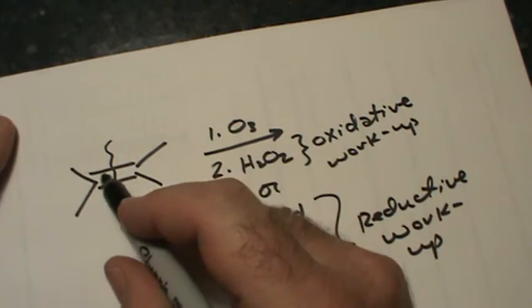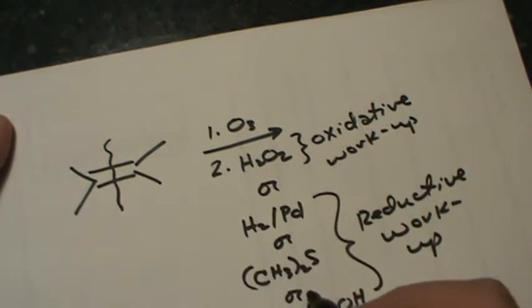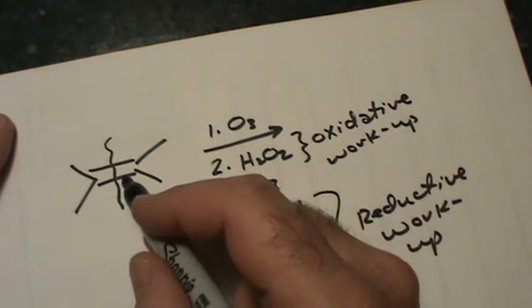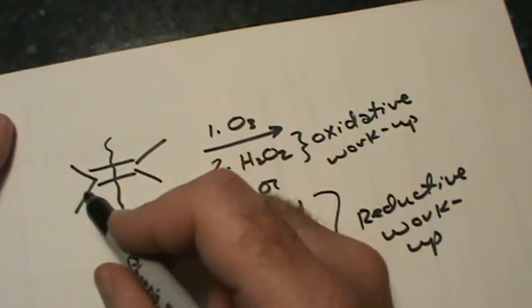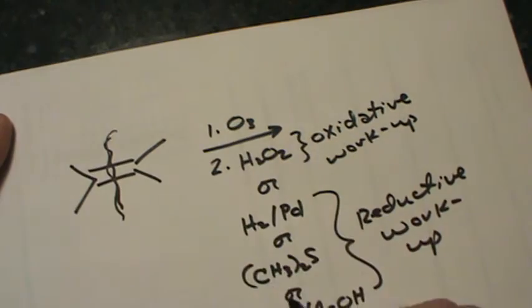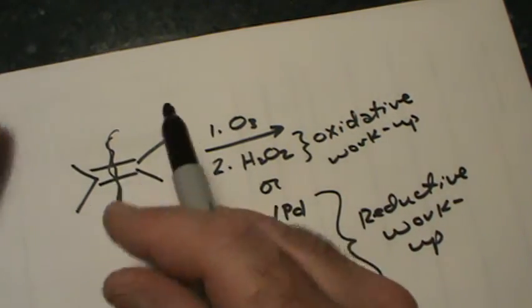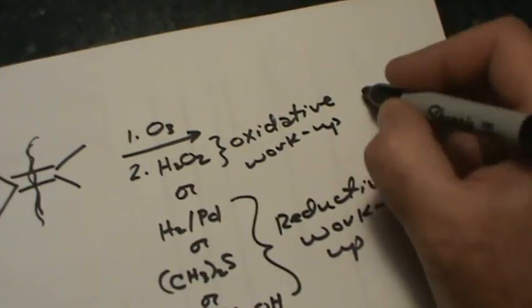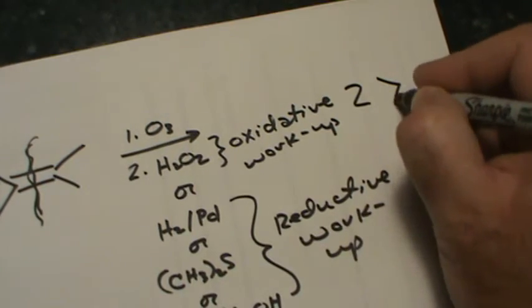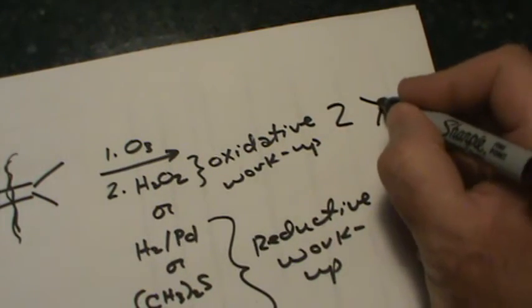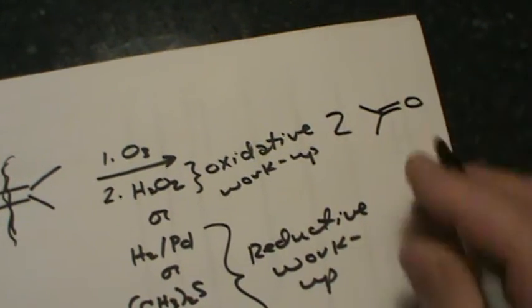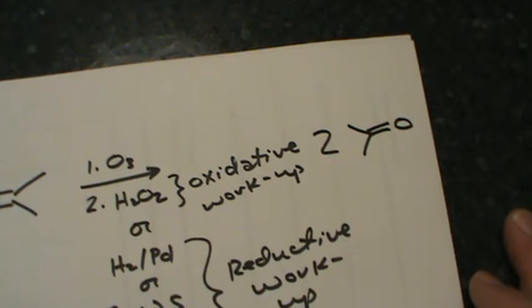Wherever there used to be a carbon-carbon double bond, you insert carbon-oxygen double bonds. So for example, look carefully at the structure of this alkene. We're going to break it right there, break the carbon-carbon double bond into 2 pieces, and what we're left with are 2 pieces that look like this. Where we used to have carbon-carbon double bonds, we now have carbon-oxygen double bonds.